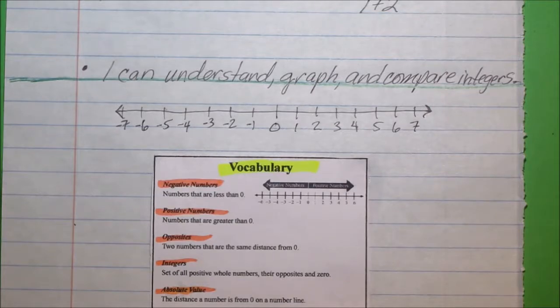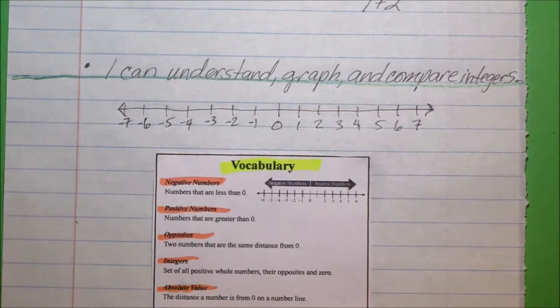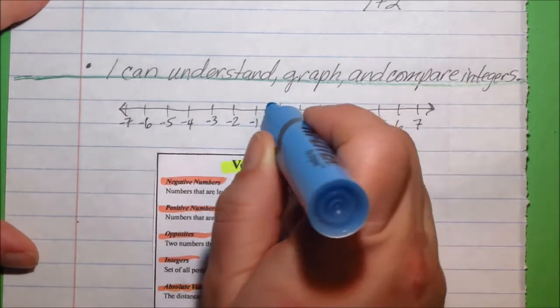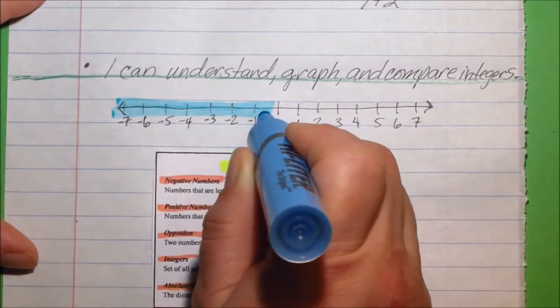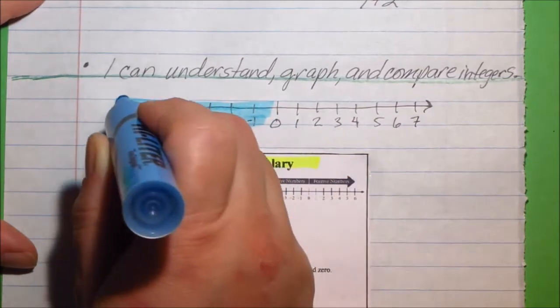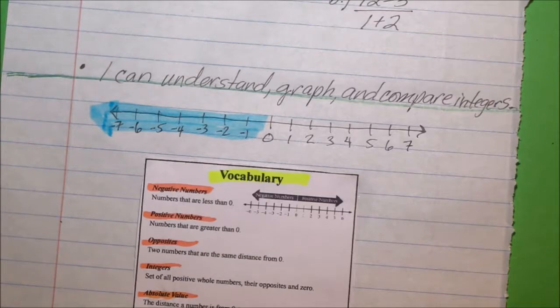Now, let's first talk about the negative numbers. It says here that negative numbers are numbers that are less than 0. So I'm going to highlight, going down this way, my negative numbers, the ones that are less than 0.